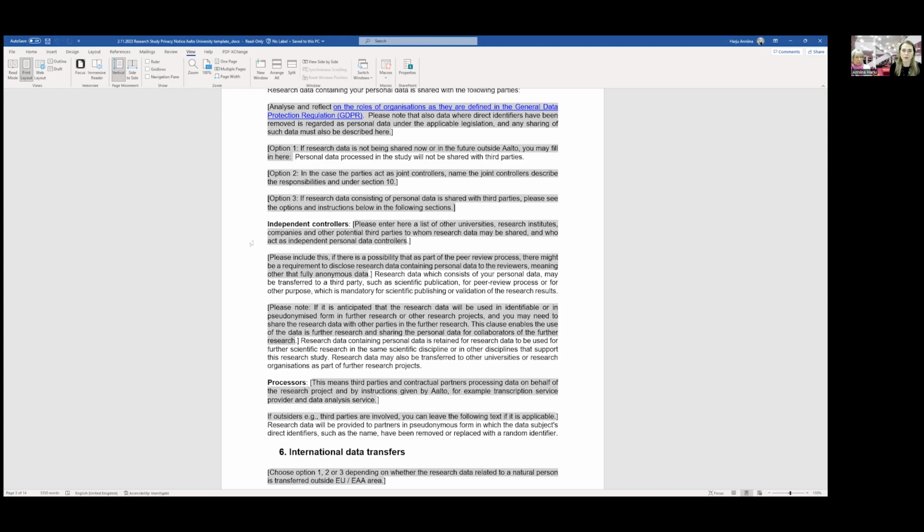Then another option is, because in some rare cases, some scientific publications may require you to share the data as part of the peer review process. It's quite rare that anything regarded as personal data would actually need to be shared, but we recommend using this clause just to be on the safe side. So just to make sure that in case there is such a requirement, you can actually share the data.